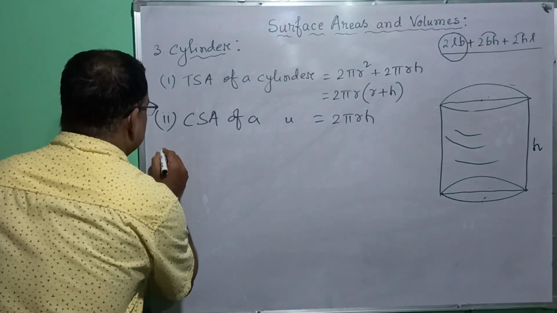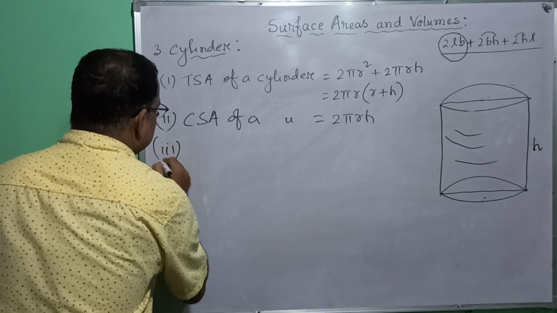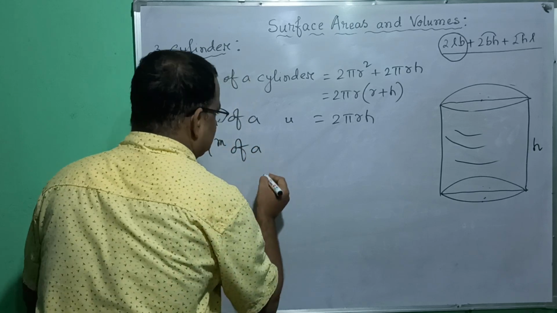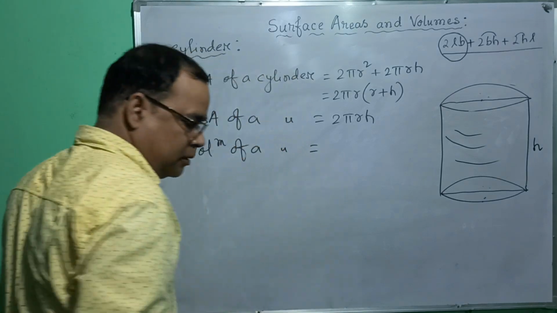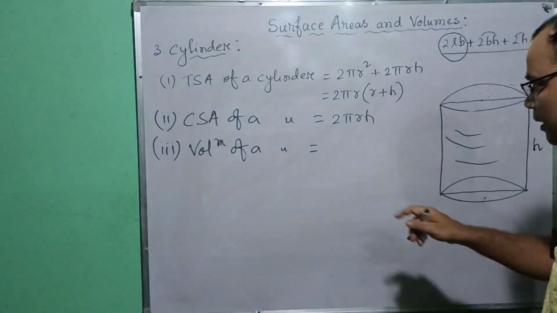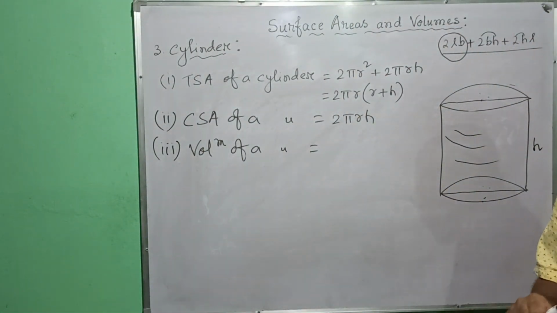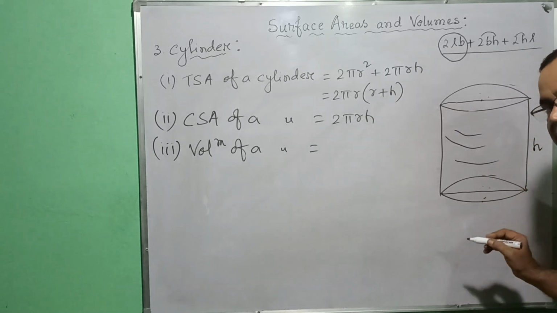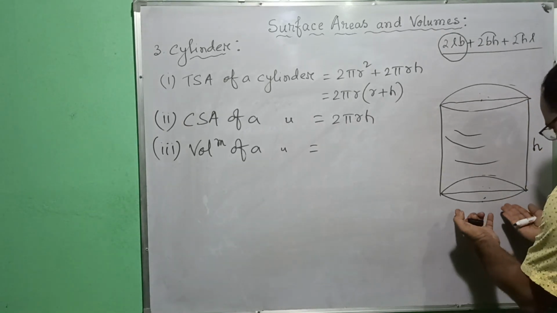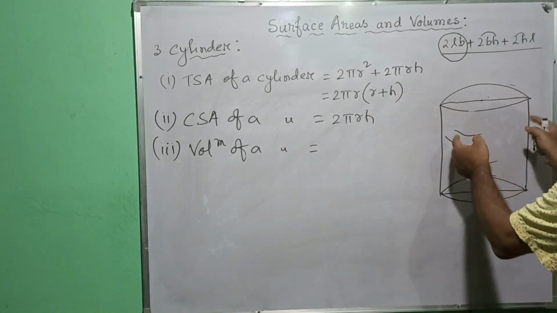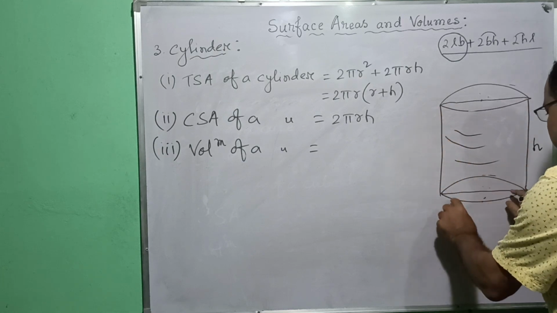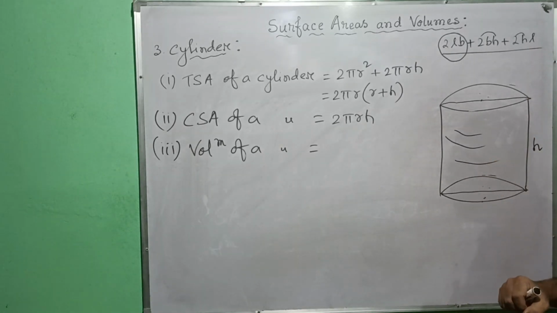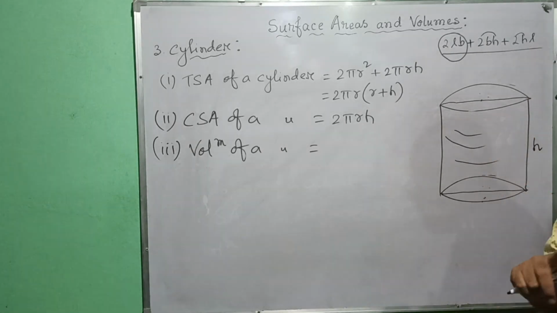Now the third one is the volume, the volume of a cylinder. Once again, see carefully, in case of volume, what is involved? The area of this circular plate, you can say, is involved. If we take this plate upside up to this, then this face will touch all the space inside the cylinder, and that gives us the volume.